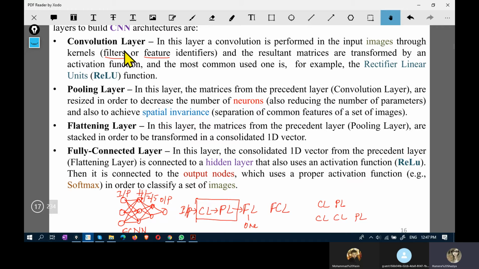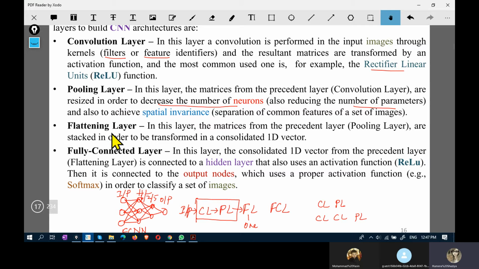This CL also uses the activation function, mostly the ReLU, rectifier linear unit. ReLU stands for rectifier linear unit. Pooling layer receives the input from convolutional layer, and pooling layer decreases the number of neurons, means the size, number of parameters. The size is decreased in pooling layer.